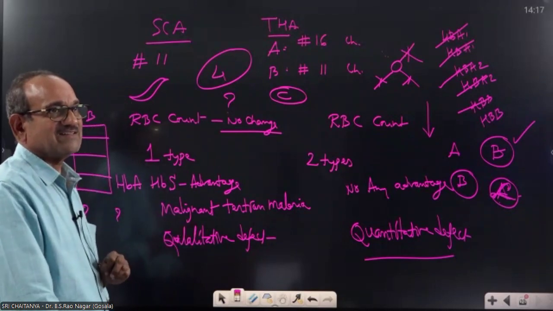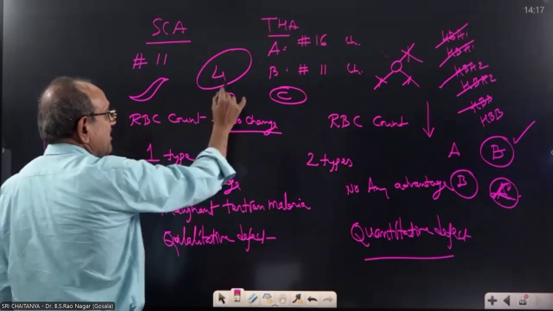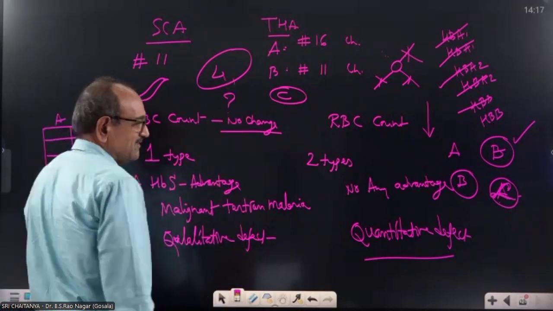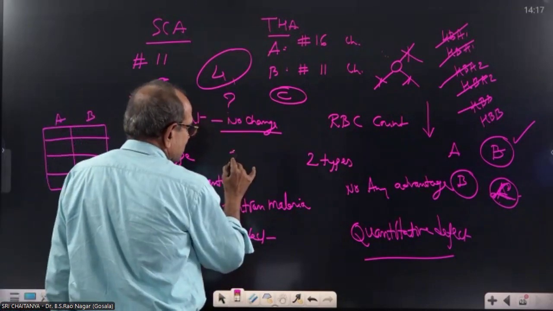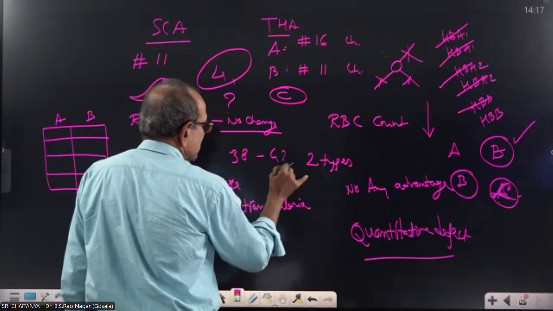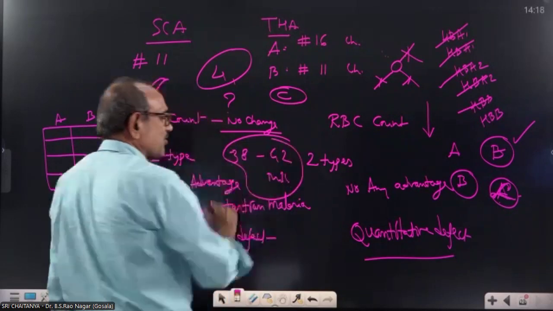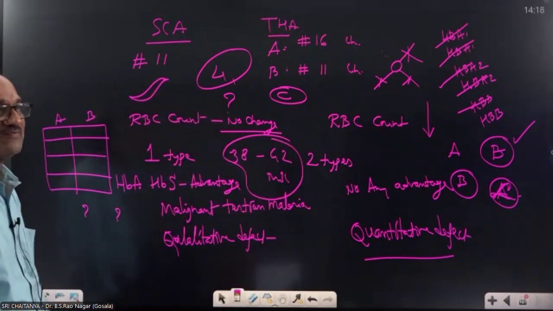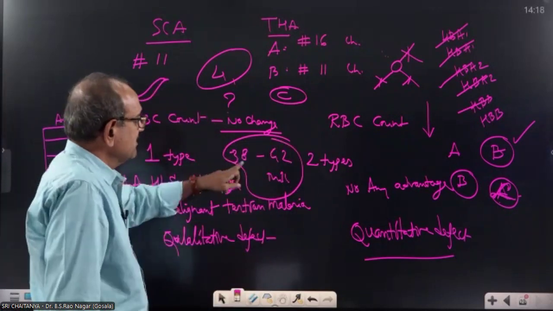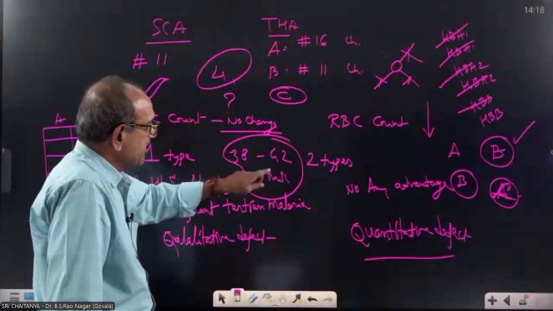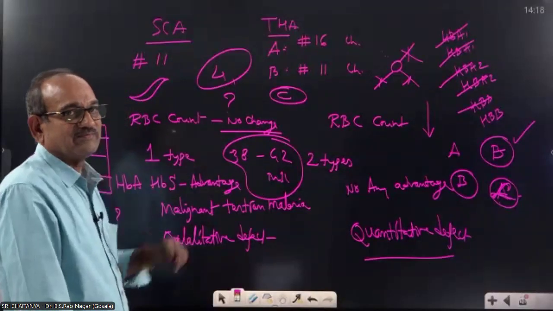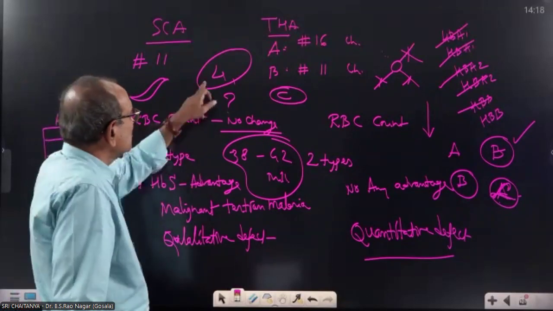Actually, one RBC contains a minimum of 38 to 42 million hemoglobin molecules. This is the approximate number, or more than this. One RBC contains 38 to 42 million hemoglobin molecules, but not 4. Then why do students always give this answer?